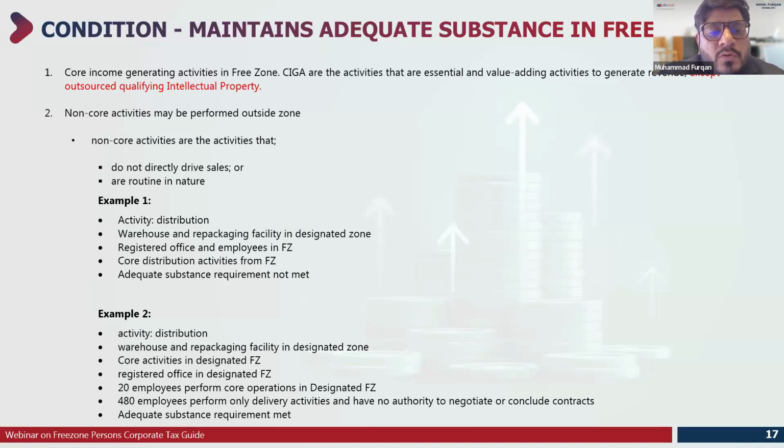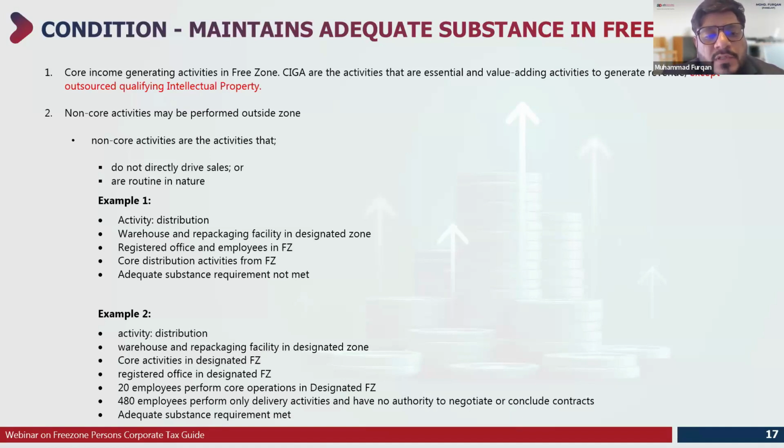So non-core income generating activities are those activities which do not directly drive sales or that are routine in nature, like the activities which I just mentioned. We can have a couple of examples here. First example, we can have an activity of distribution where our warehouse and repackaging facility is in a designated zone.